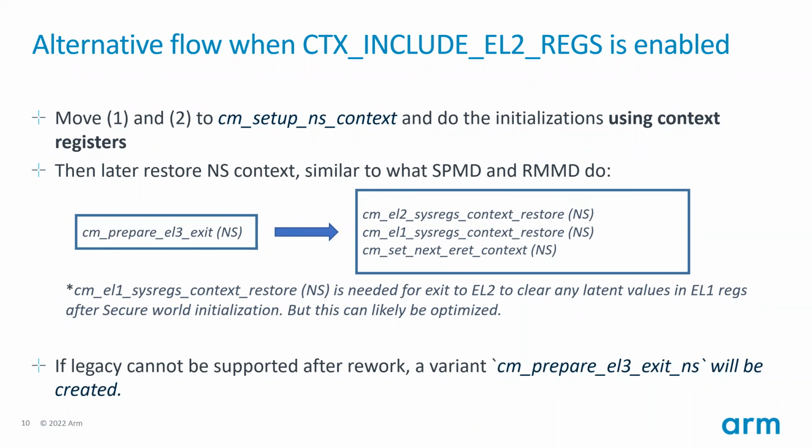Yeah, you mean you have secure EL2 but you don't have realm? I'm saying if you've got some wacky configuration like that, where you've got non-secure EL2 but no secure EL2, and you have realm, I don't know if that's legal. In which case, splitting into prepare EL3 exit NS, S and realm might help.